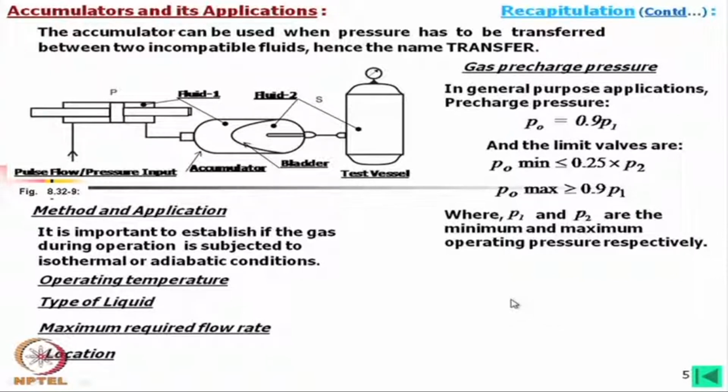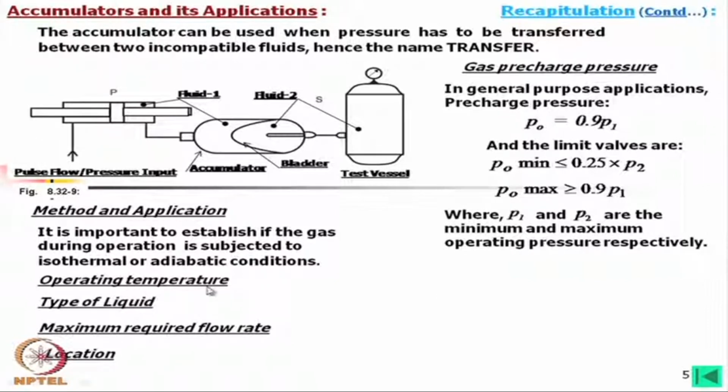Now, in method and application, it is important to establish whether the gas during operation is subjected to isothermal or adiabatic conditions. As you know, if the process is occurring very quickly, then we can go for isothermal, or otherwise it will be adiabatic or isentropic conditions, and then we have to calculate accordingly.